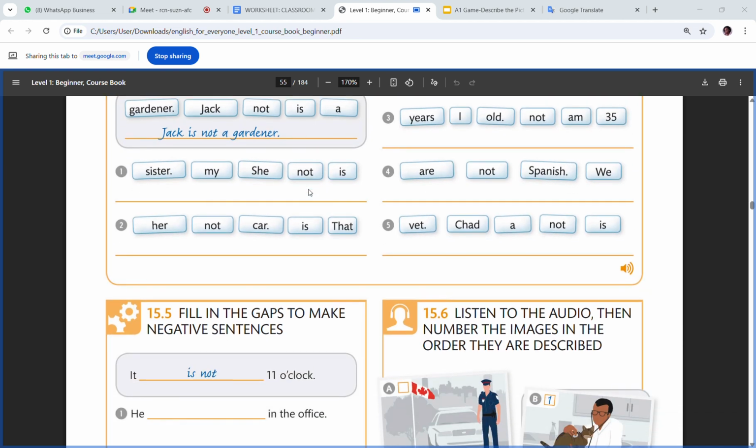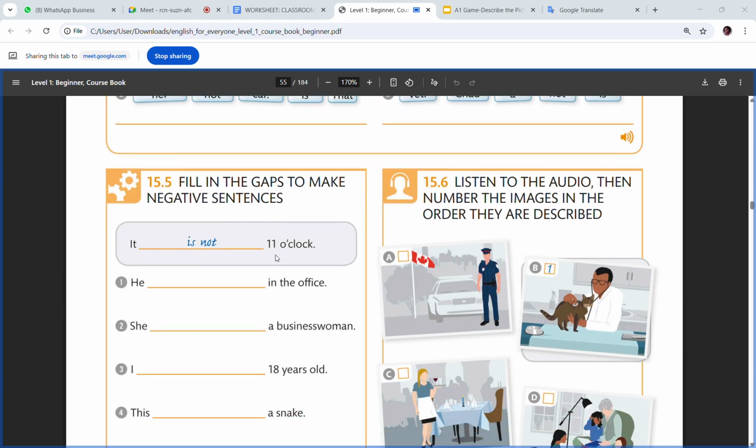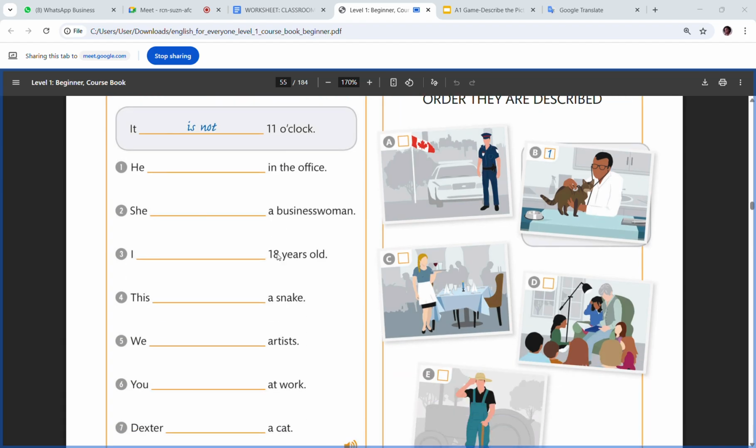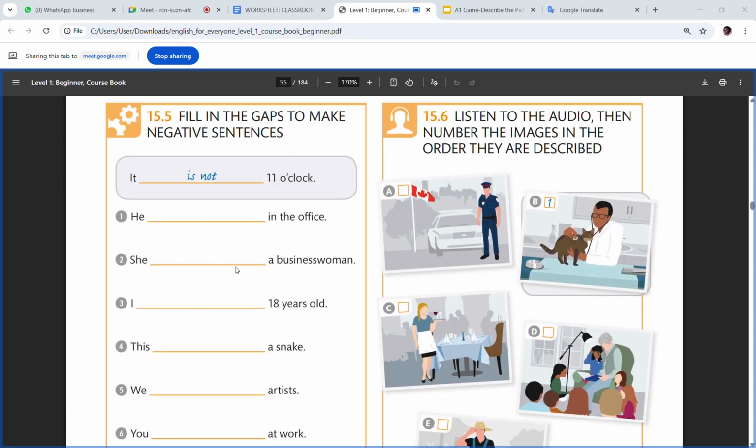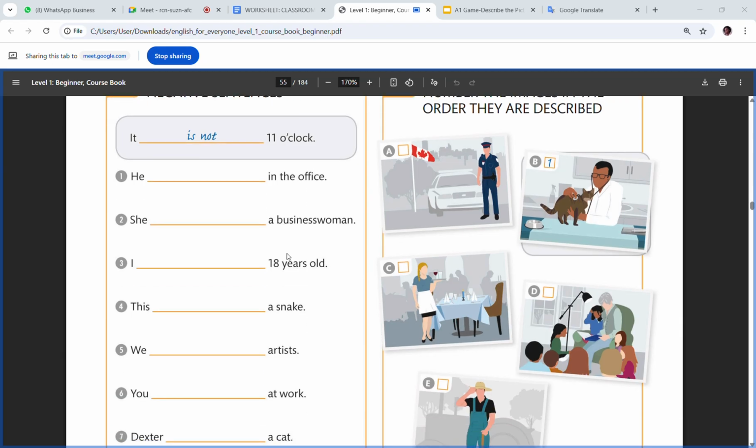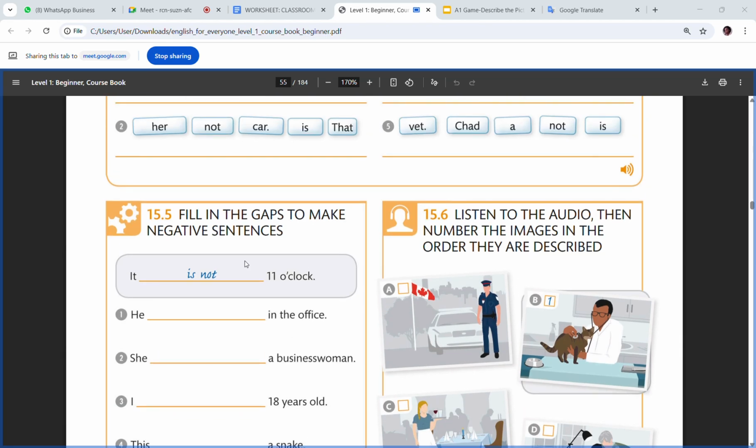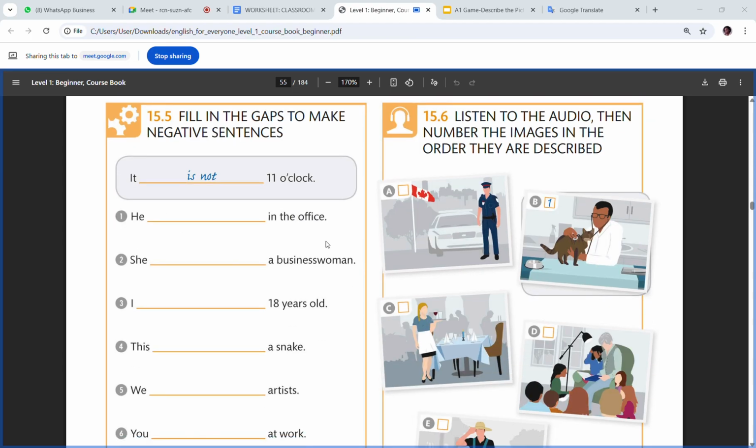So now let us reinforce what we are practicing, okay? Let us quickly fix these sentences. So he is not in the office. She is not a businesswoman, right?